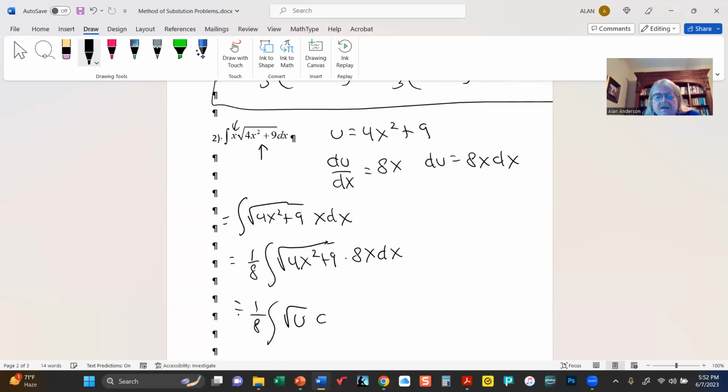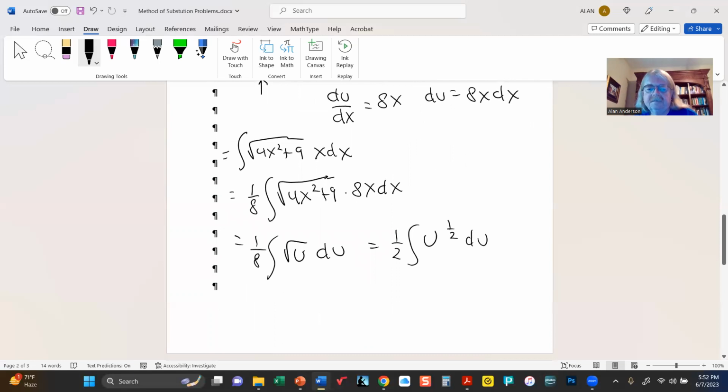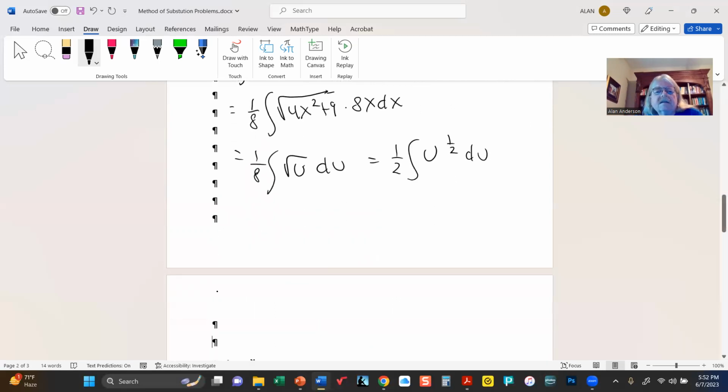Radical u du, or u to the 1/2 du. Now we're getting somewhere, because we can use the power rule, 1/2 u to the... actually, let me write it like this.